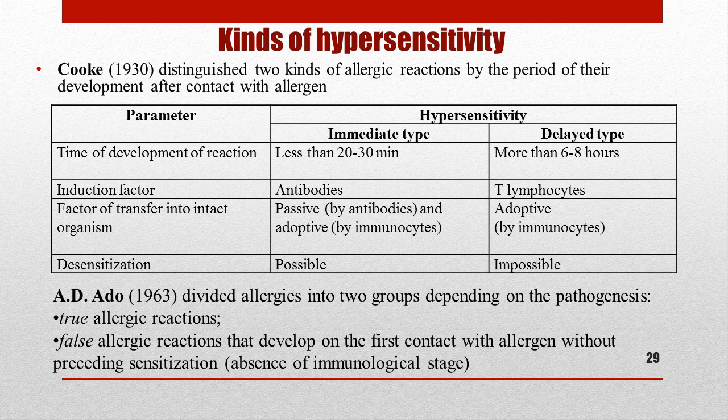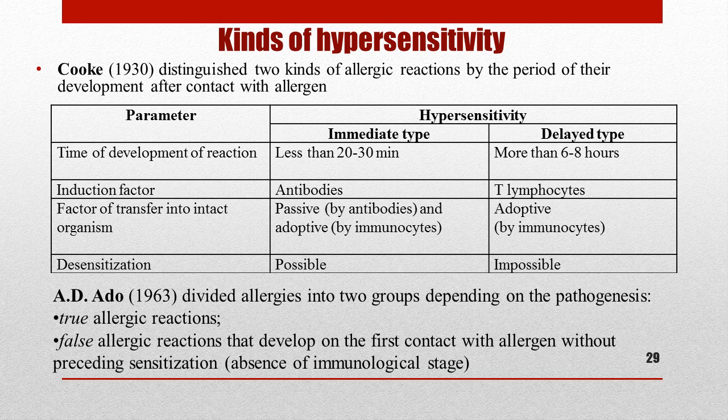Delayed type takes more than 6 to 8 hours. Immediate type hypersensitivity is mediated by antibodies and delayed type by T lymphocytes. In immediate type hypersensitivity, desensitization is possible, and in delayed type, it is impossible.